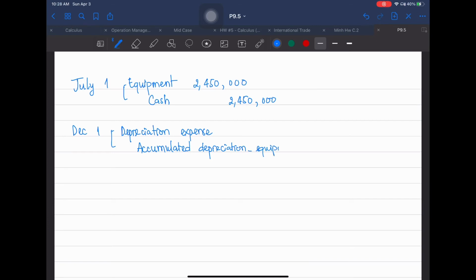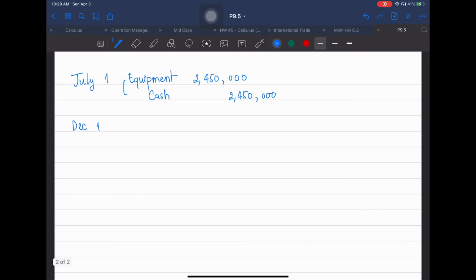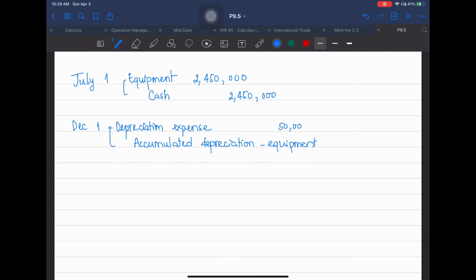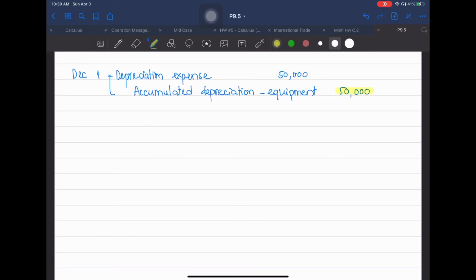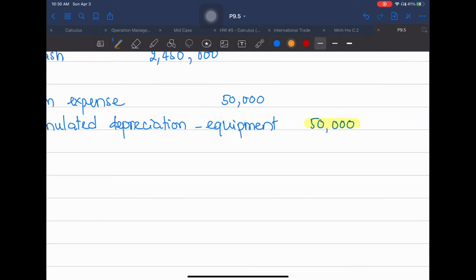And how do I get that 50,000? The 50,000 comes from the original price of that equipment, 500,000, divided by 10. Or you can use 1 over 10 for easier.